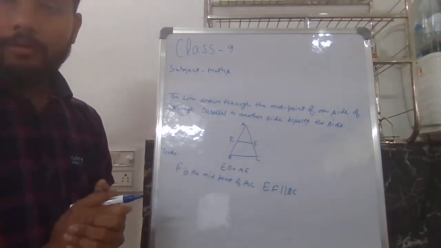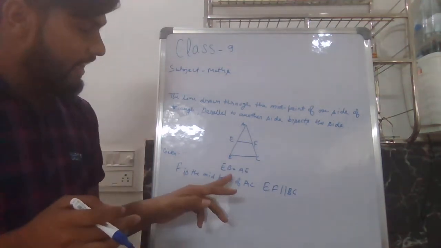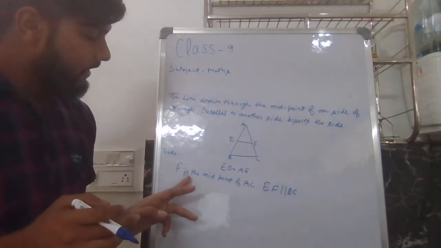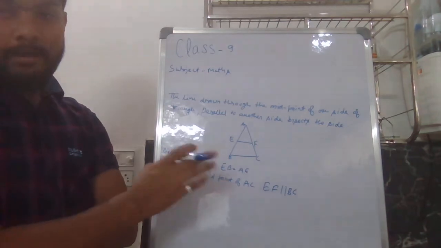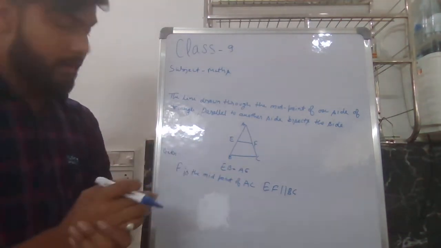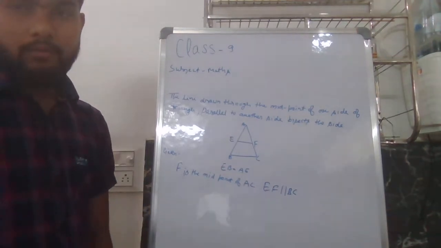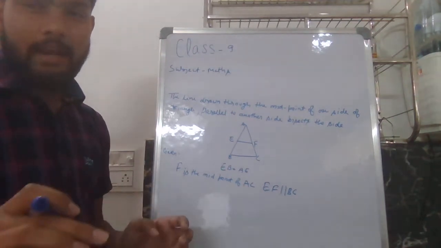For that, the given is that E and F are the midpoints of AB and AC respectively. Coming to the proof, first we have to draw a line CG parallel to AB.